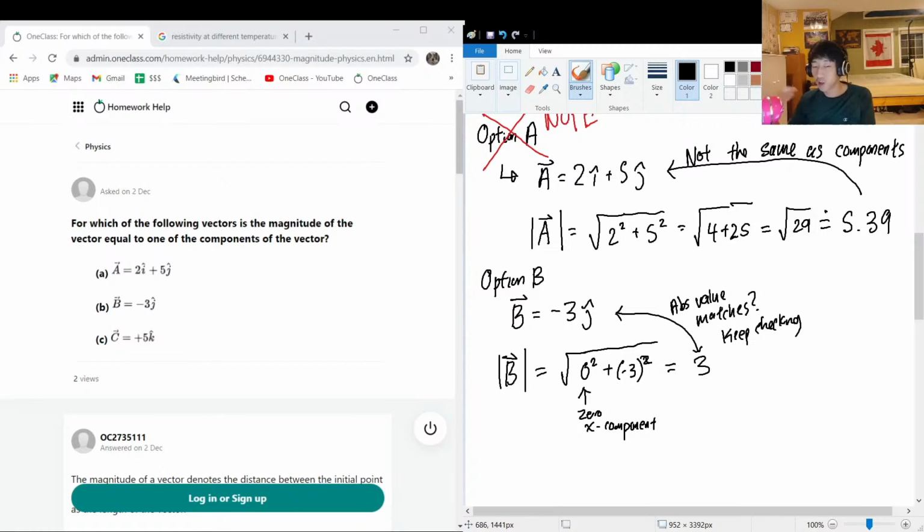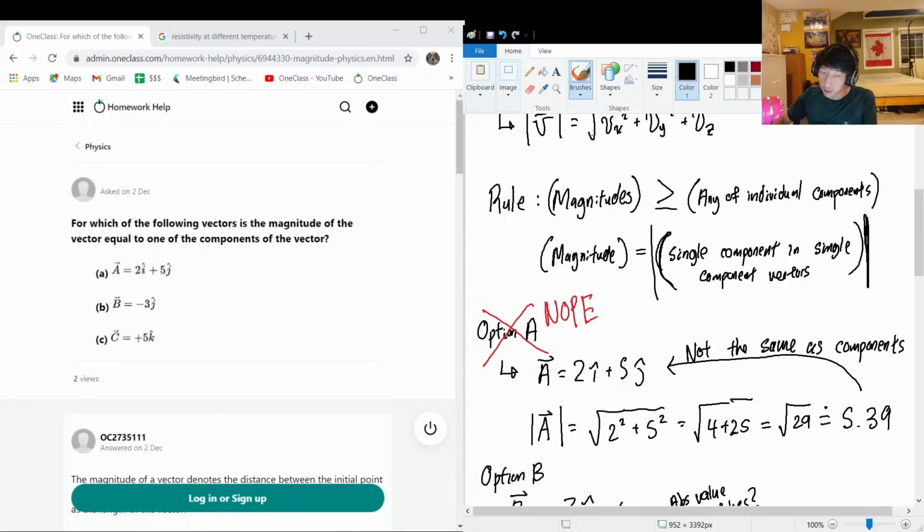So while you could controversially argue that option B has a magnitude equal to one of its components, we want to still see all of the other options to see if there's something that's unambiguously correct. Because in these multiple choice situations, you're only going to be able to choose one of the options. You want to choose the most correct. So if you have one option that's controversially correct and one answer that's concretely correct, always choose the concretely correct. And I think that's what we're going to see on option C.